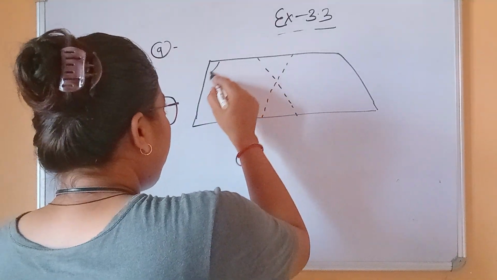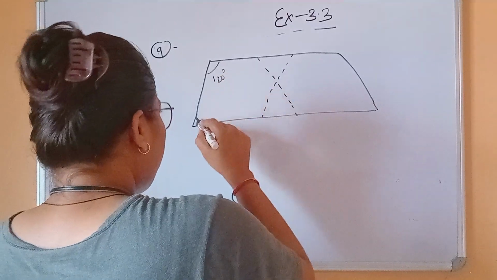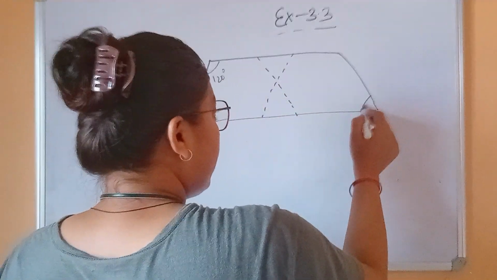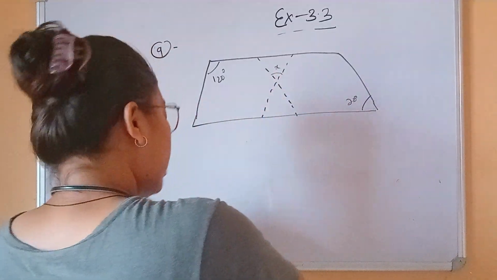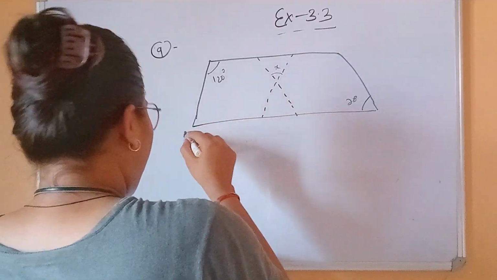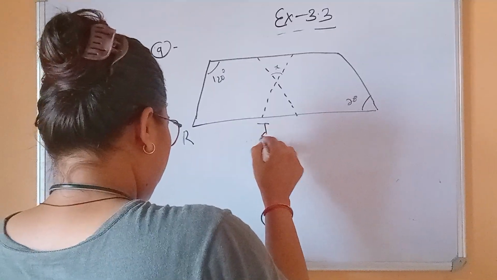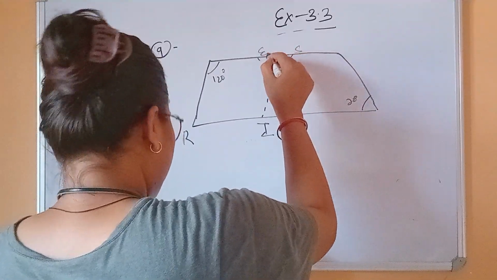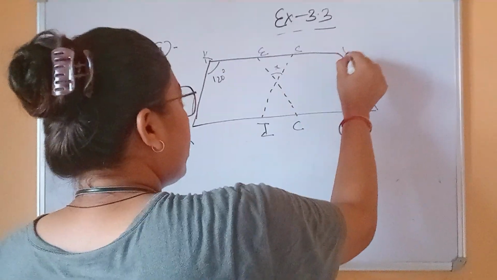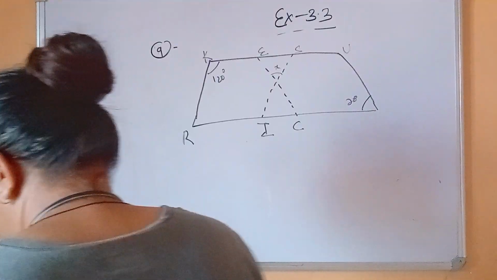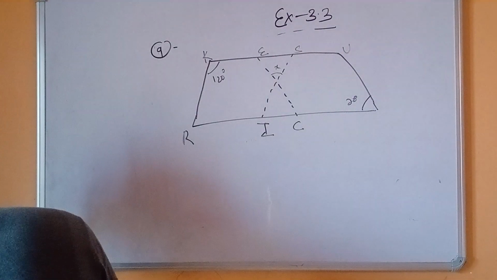So here written 120 degree. Here written 70 degree. So here x. Okay. So here given name R I S E K C U. Okay. So here given name one by one. So first what we do?